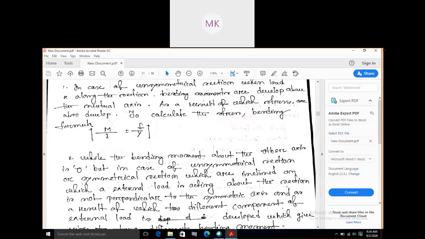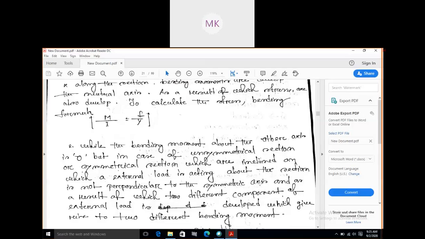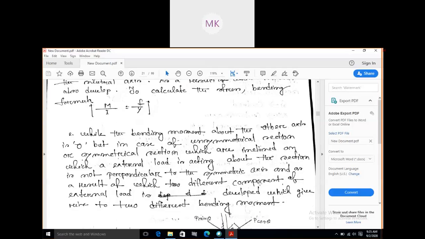While the bending moment about the other axis is zero, in case of an unsymmetrical section, or a symmetrical section which is inclined, the external load acting on the section is not perpendicular to the symmetry axis, and as a result two different components of external load are developed, which give rise to two different bending moments. So when a load is applied to any particular cross-sectional area, we resolve that load into two parts.